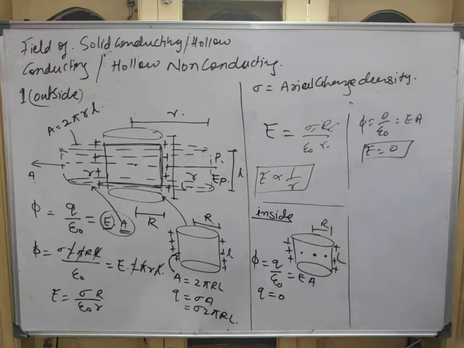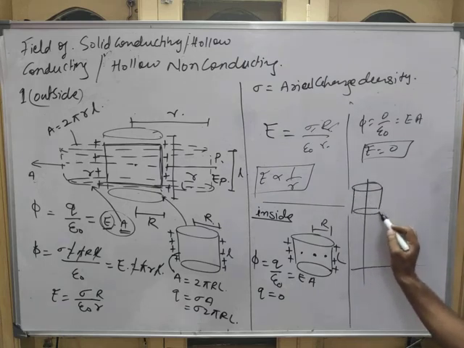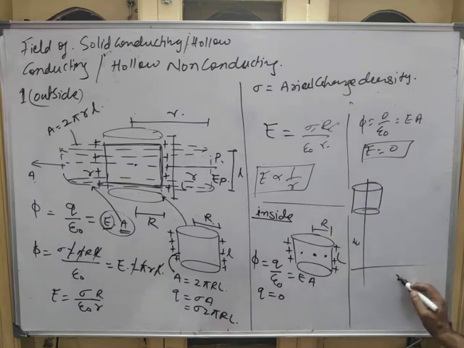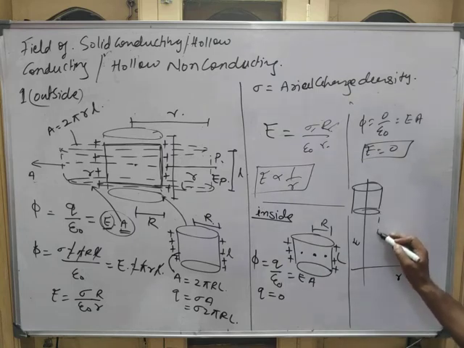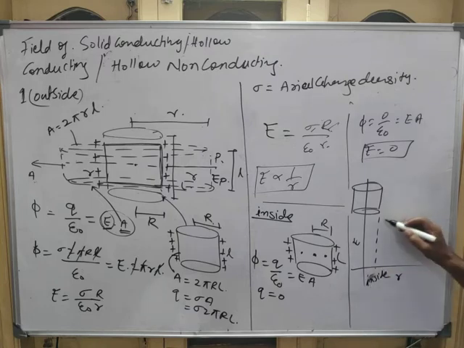So if you want to make the graph, how can we make the graph? Let's take the field on the y-axis, and the radius we will take on the x-axis. So this is the inside region, right? Inside, up to this point, the field is 0. And if we move to this point, what should be the field?